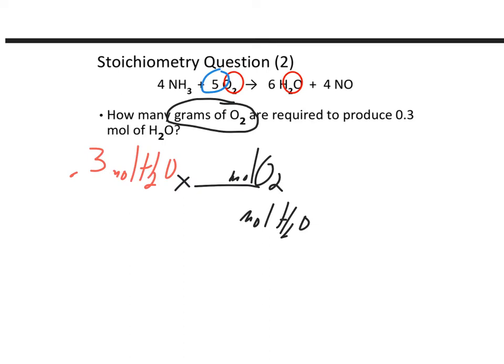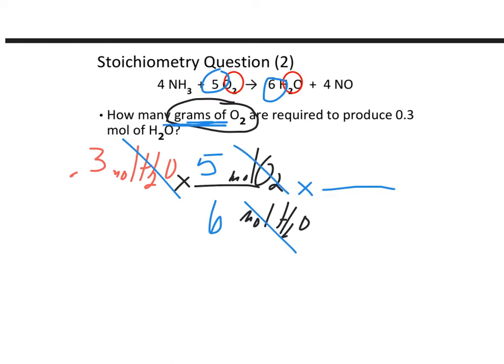So what number goes on top? 5. Yep, very good. What number goes with water? The 6. Very good. So now this gives me my moles of O2. But is that where we wanted to stop? Nope, we need the grams. So what's my next step?